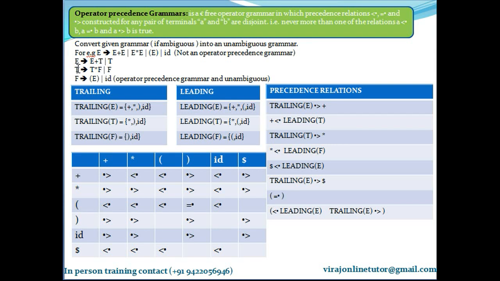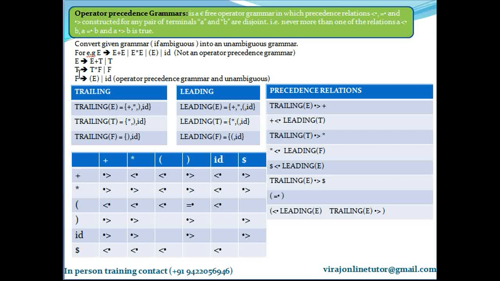The second rule said just focus on the productions whose right hand side starts with a non-terminal. If the right hand side starts with a non-terminal, whatever is in the leading of that starting non-terminal, put it into leading of the left hand side. So these two productions are not starting with a non-terminal, but this production starts with a non-terminal, which says whatever is in the leading of T, put it in leading of the left hand side.